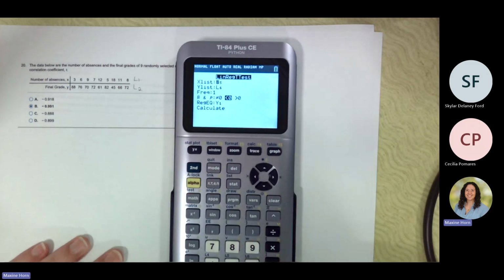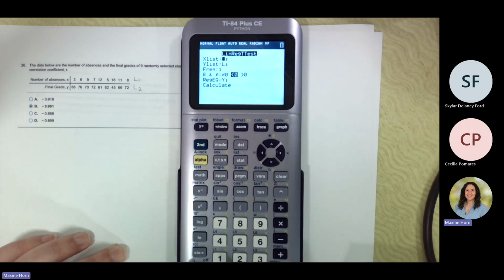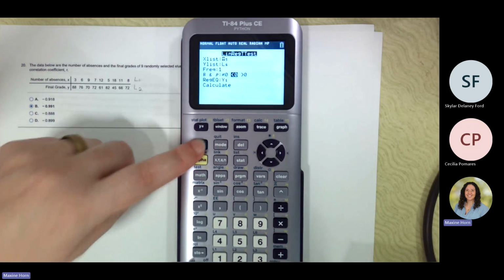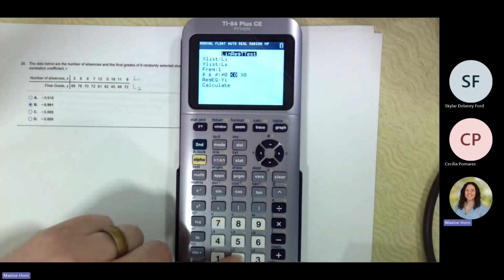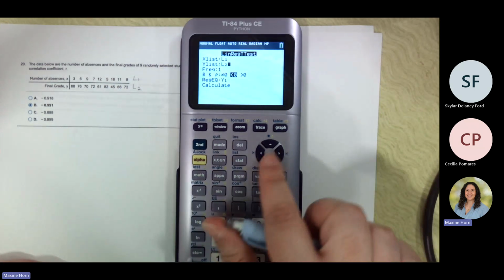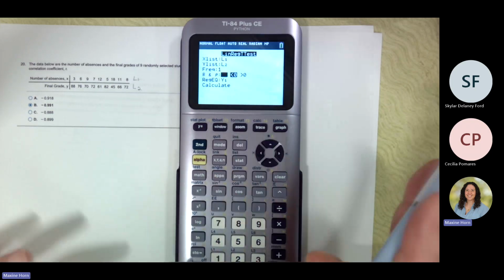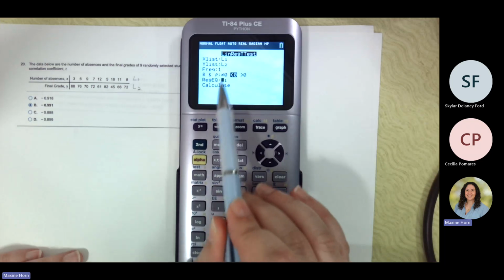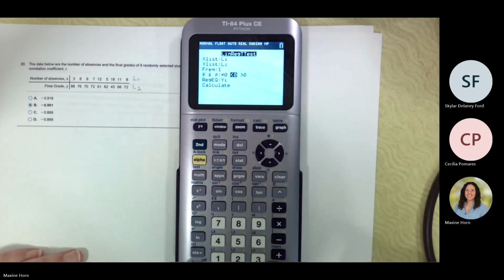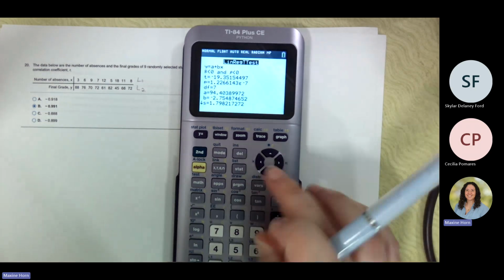On my calculator L1 is right above the 1, so I go second 1, and then list 2, second 2. Leave that as a 1. Right now we're not worried about this. For this problem, I'm not worried about having a Y1 there. And then calculate. Again, it's giving us a bunch of information.